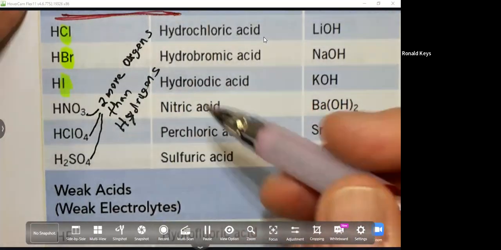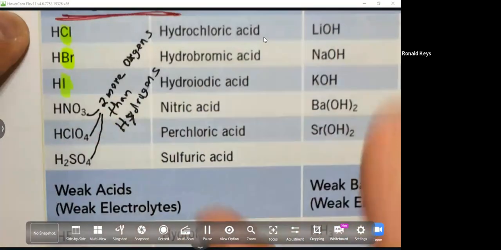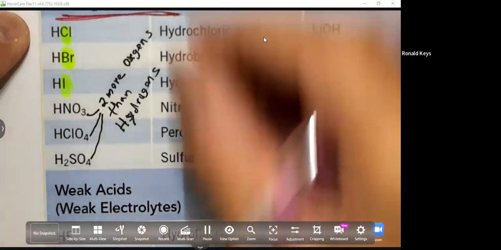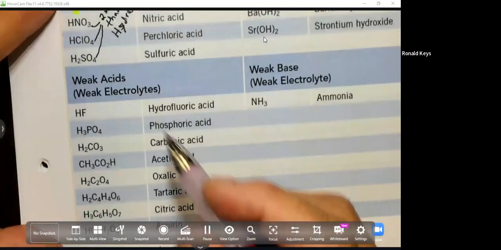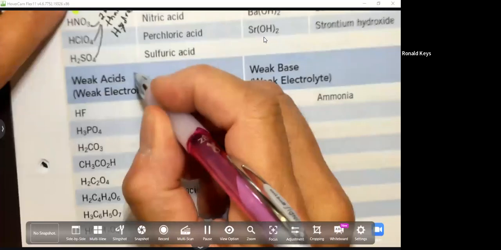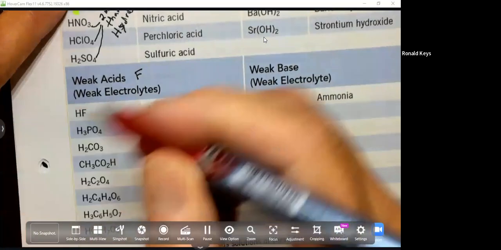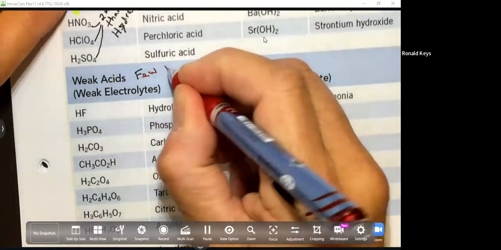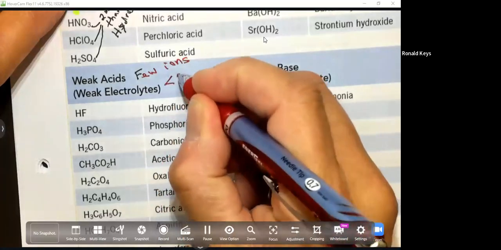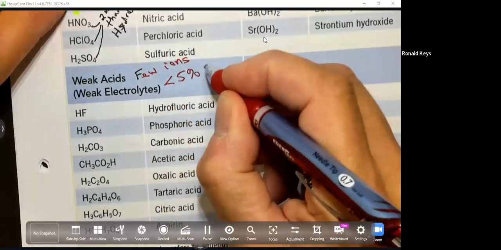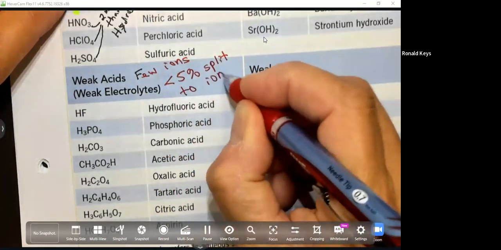Strong acids. What does this mean? All of these are going to split up into ions, 100%. Now, if you have weak acids, what does this mean? You're going to get very few ions. Typically, it's less than 5% split to ions.